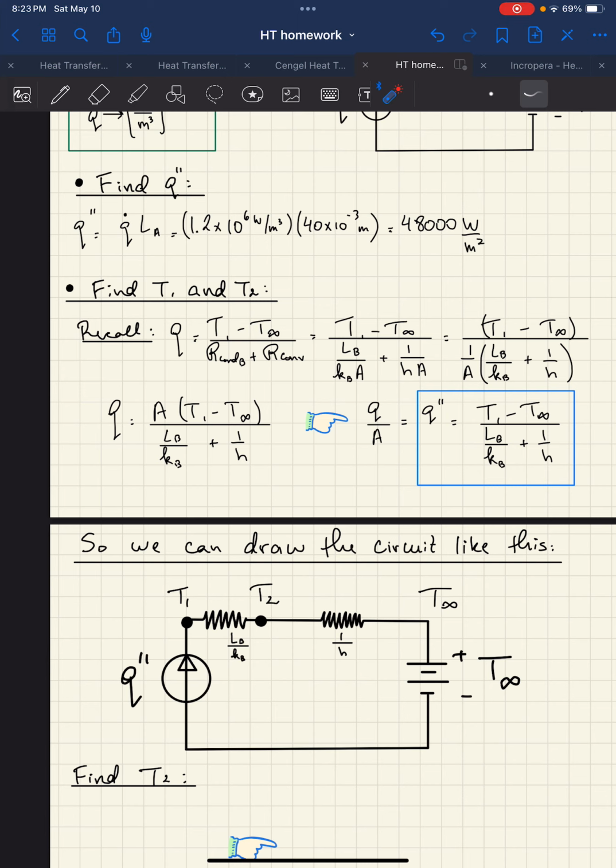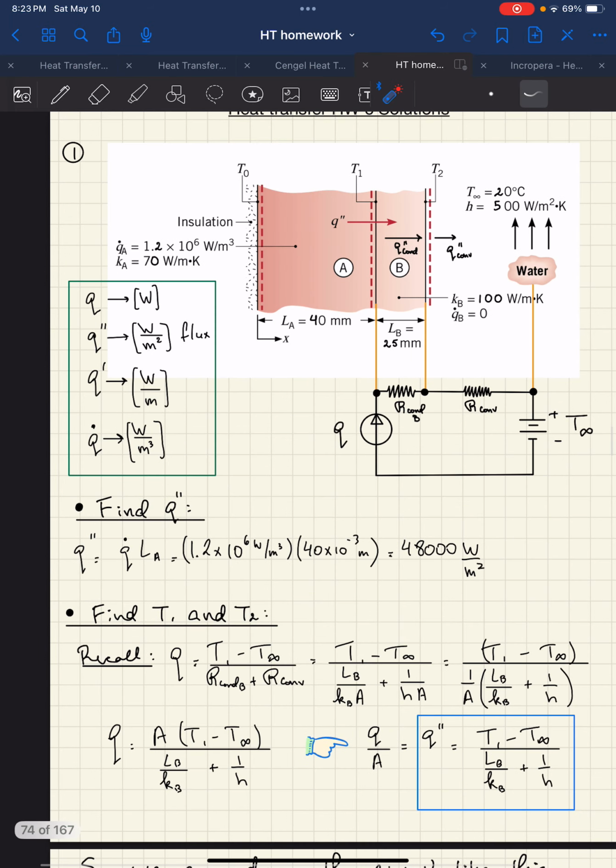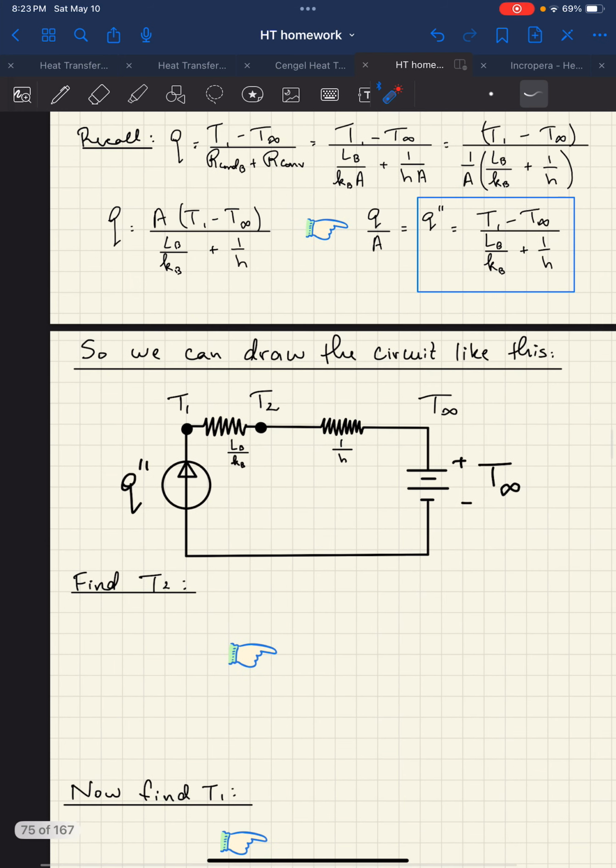And now we're basically going to work backwards to find this temperature and this temperature. Once we have those two temperatures, then we can worry about this heat generation region and ultimately this T0. So again, we're going to use this circuit equation. T2 is this voltage from here to the ground, you can think of it, and T infinity is from here to the ground, right?